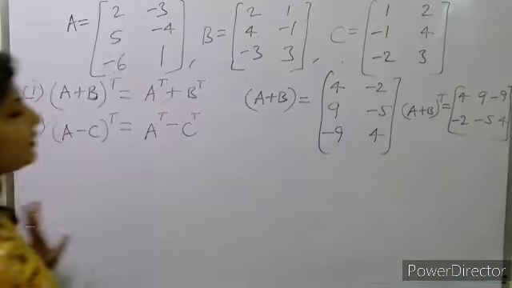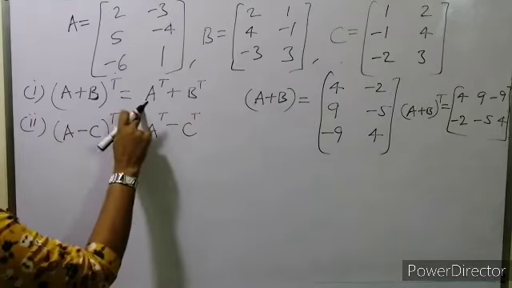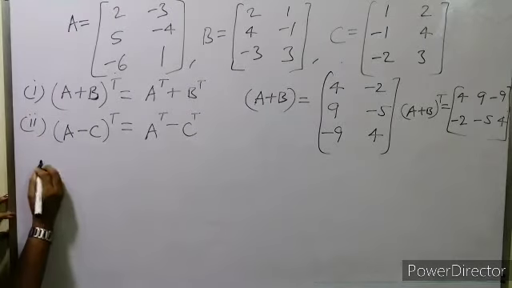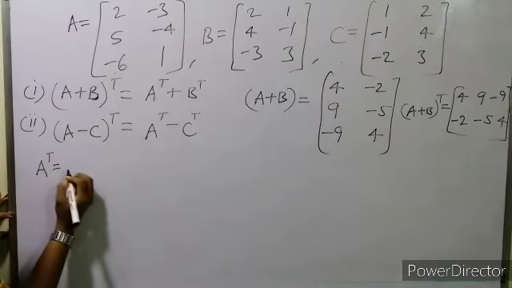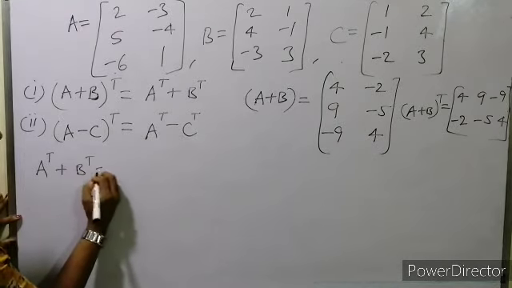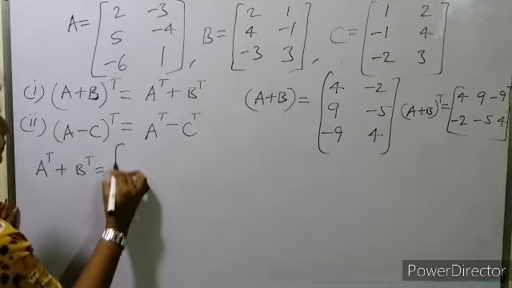Now we have to find out the value of A transpose and B transpose. So first of all we'll find out the value of A transpose and B transpose and take their summation.